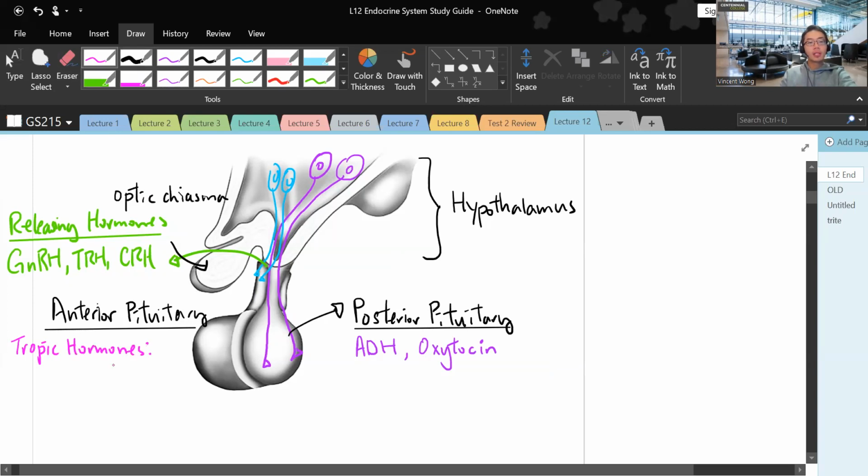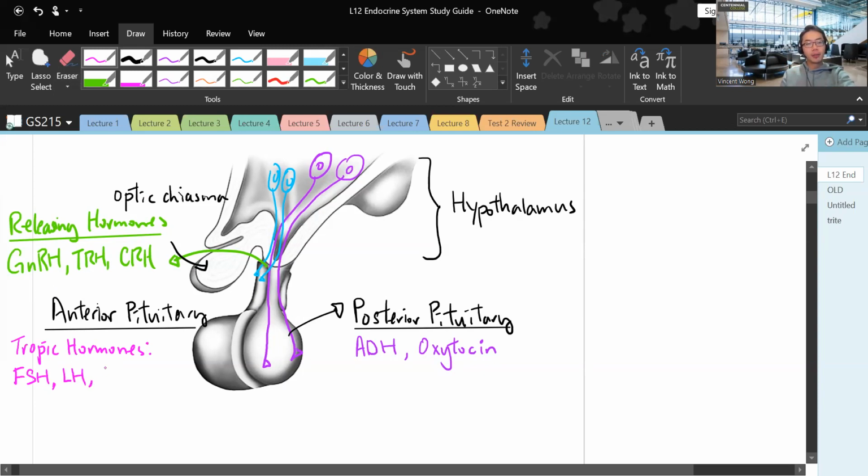These are hormones that will target another endocrine gland in the body. And we actually learned two of them from last class already. There is the FSH as well as the LH. Right? You might remember the follicle stimulating hormone as well as the luteinizing hormone, both of which would be released in the presence of GnRH.